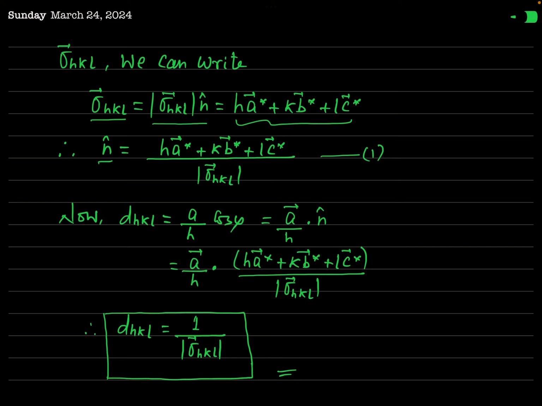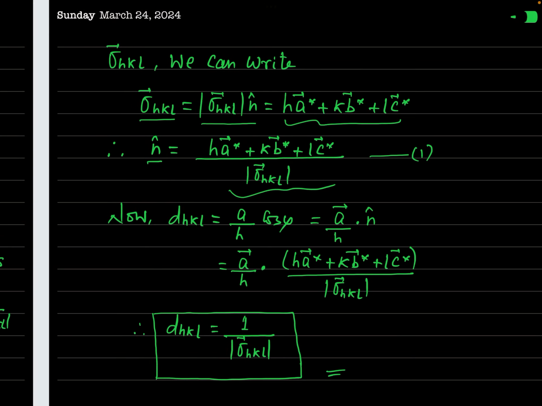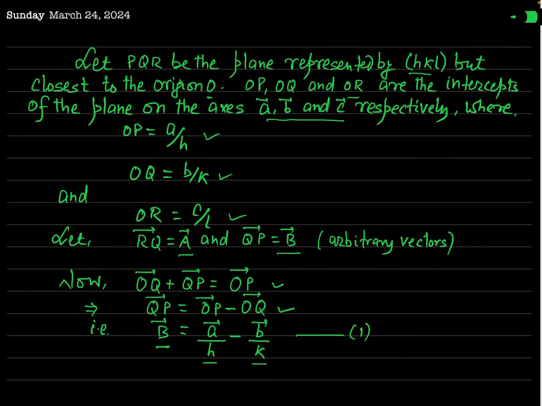And that's why n hat will be equal to h a star plus k b star plus l c star divided by modulus of sigma_hkl. This is the unit vector along the reciprocal lattice vector.